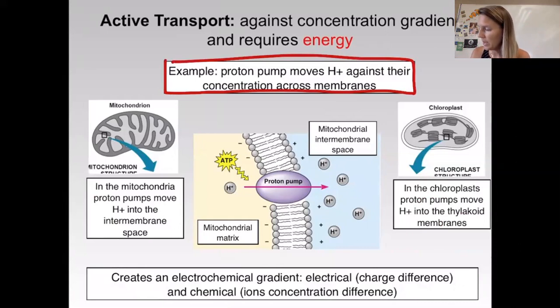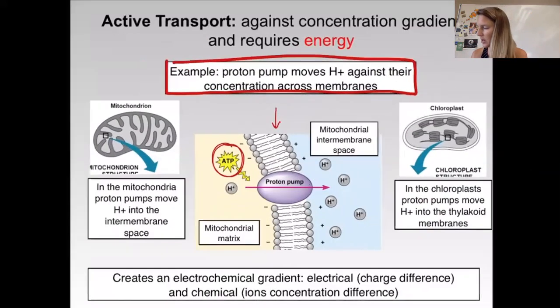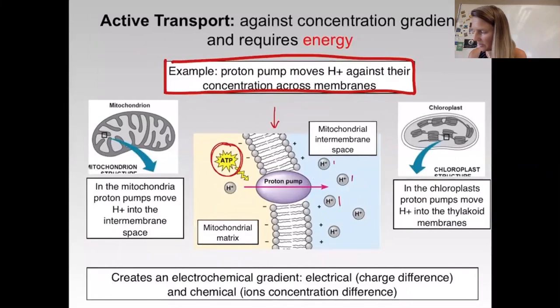So here in this diagram, that purple membrane protein is a pump. It takes ATP, the energy from ATP hydrolysis, to drive protons against their concentration gradients. So you can see there's lots of protons out here already, and we are going to pump more into there.